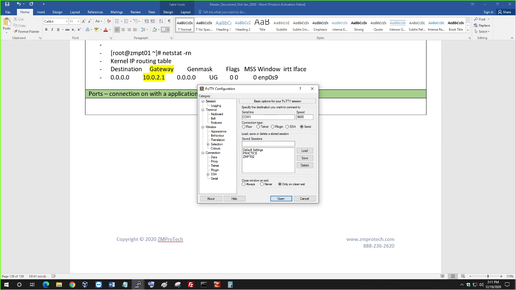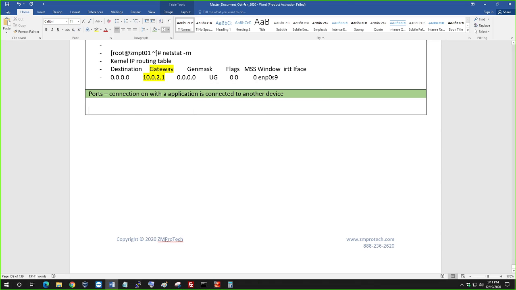If you're going to use serial, the default port is 5600. Login 513. So it's randomly using ports here, but there is general knowledge that these ports are usually reserved. So how many ports does an operating system have? Over 65,000. Yeah, very good.